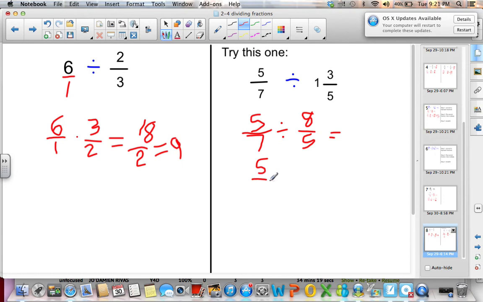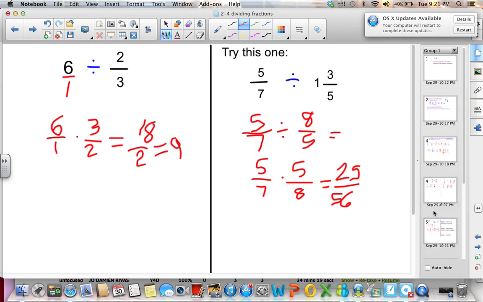So by now you should be able to tell me or say out loud what I'm going to change it to. But I have 5/7 times 5/8. And I end up with 25/56. And it cannot be simplified anymore.